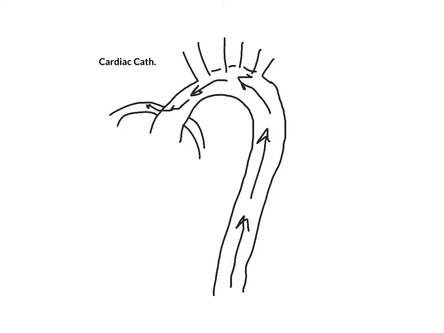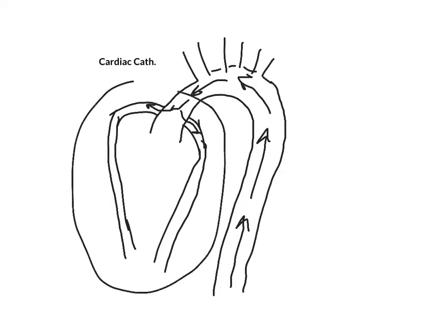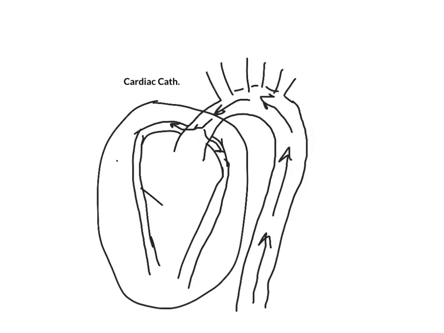coronary arteries, which are here and here, and they inject a dye that lights those up and shows if there's any blockage in the heart. So if you can imagine that the heart were here, when they inject the dye, it goes down these little arteries, and they also have branches and everything of that nature.